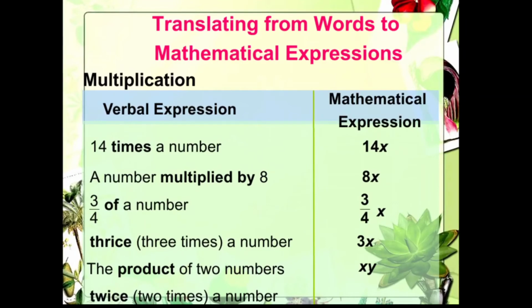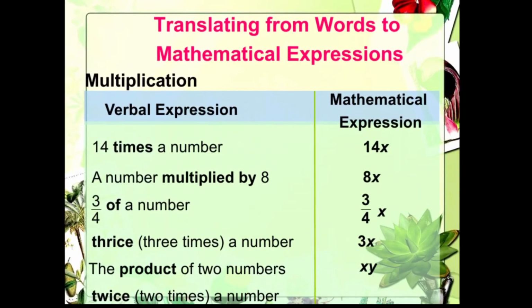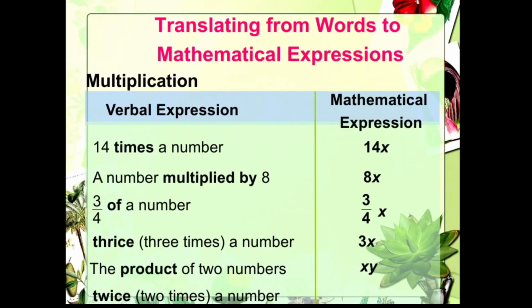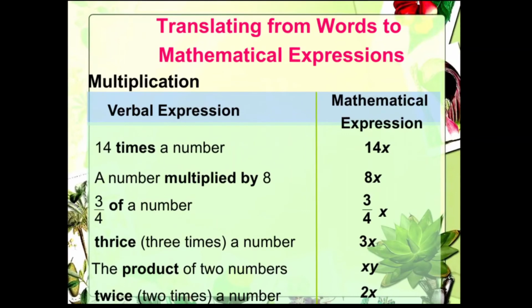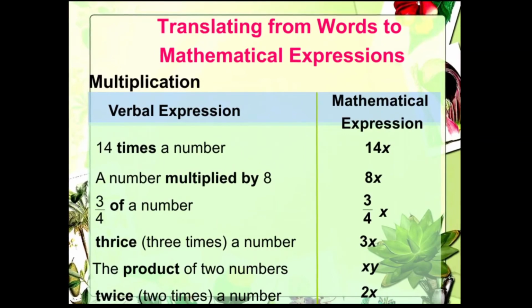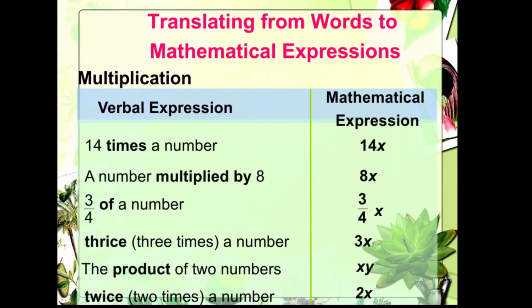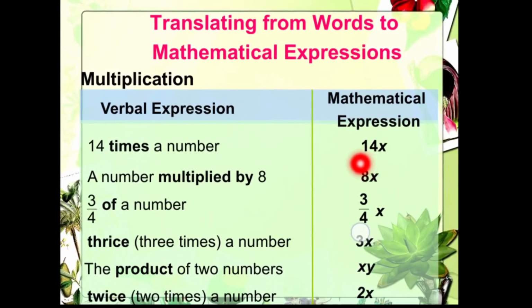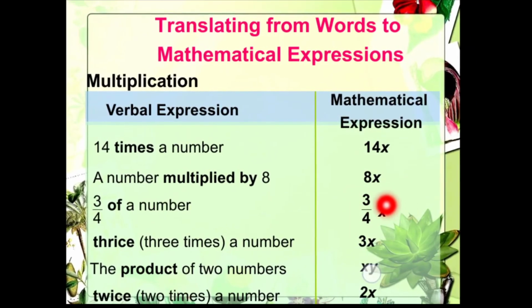Therefore, 2 times a number. So 2 times x. Instead of writing 2 times x, we can write 2x. So as you can see, all the numbers are in front of the letters. So 14x, 8x, 3/4 x, 3x, and 2x.